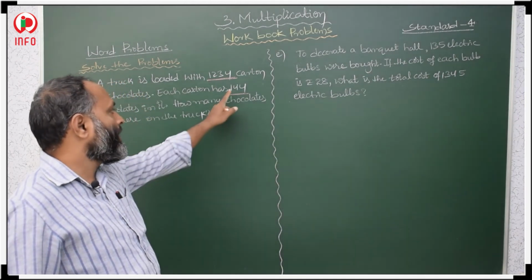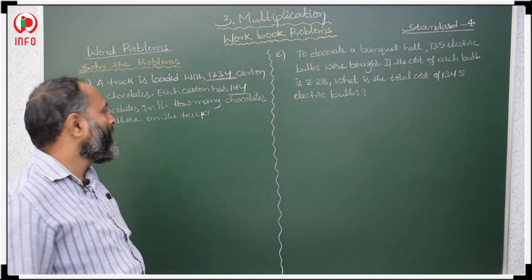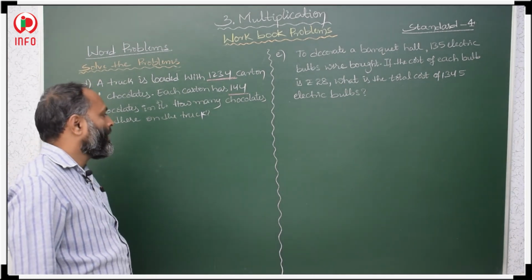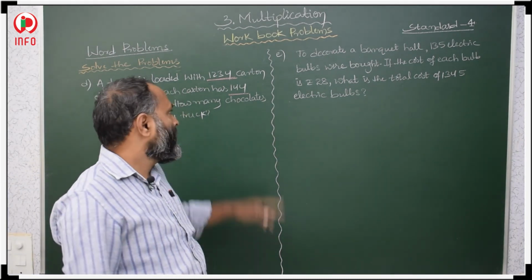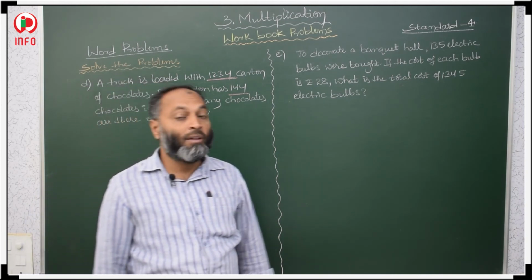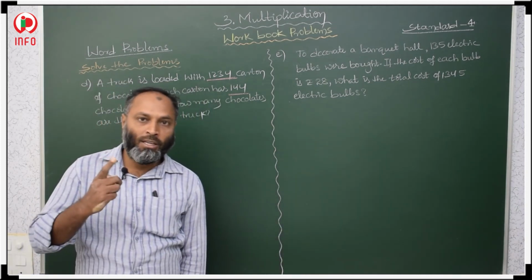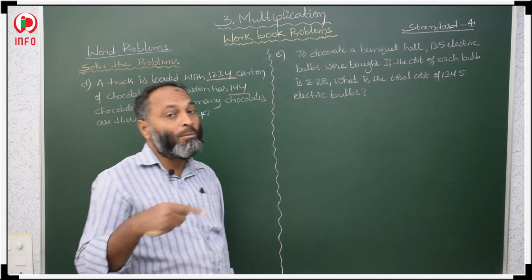In each carton 144 chocolates are there. Then how many chocolates are there on the truck? One carton is given, and in total 1234 cartons, how many chocolates we have to find. One is given, more he is asking.